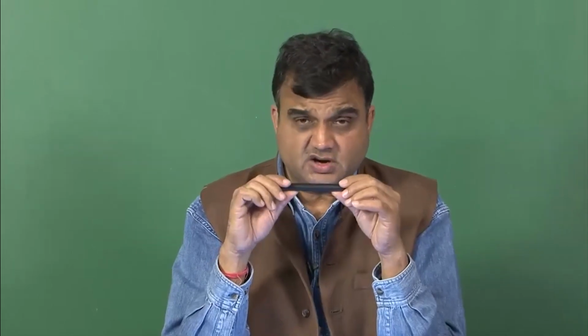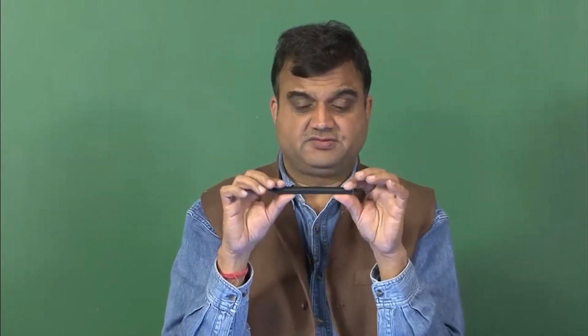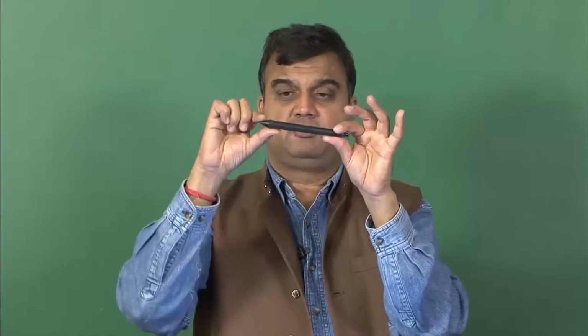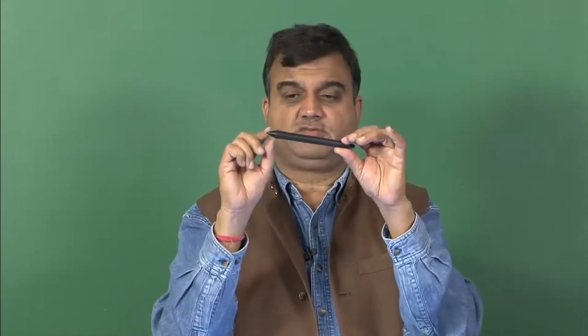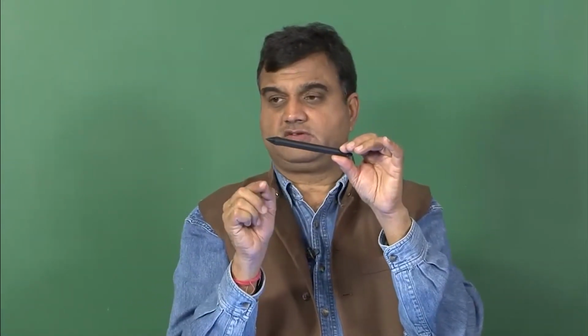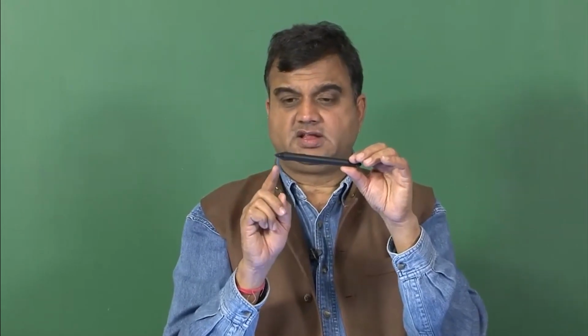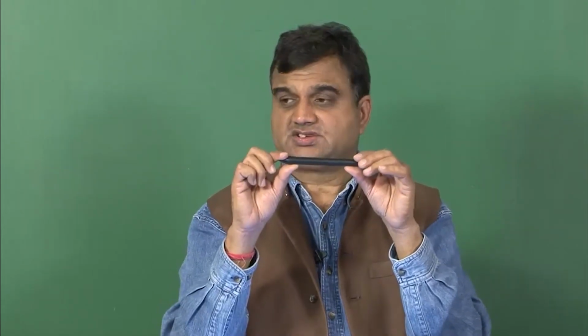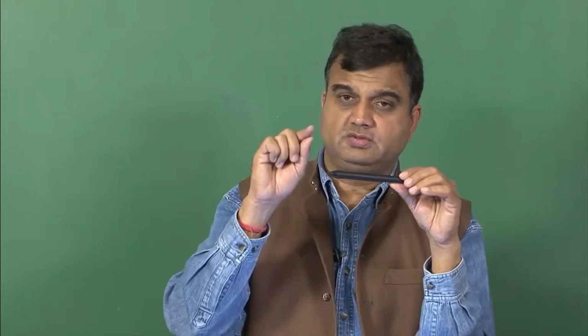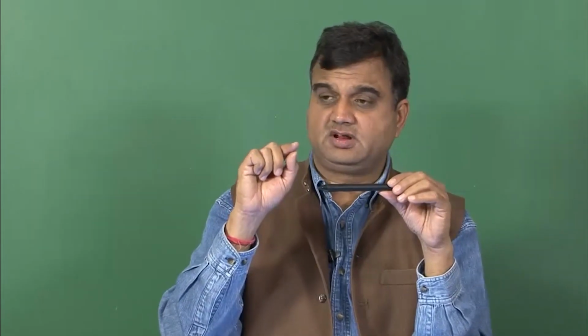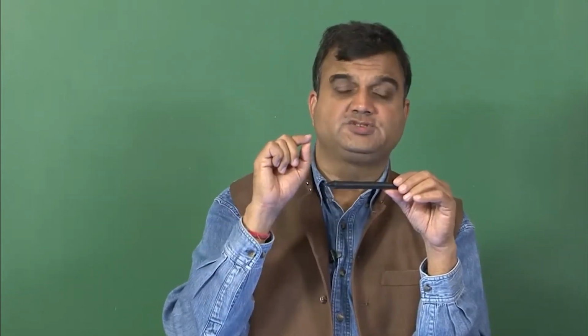That will be called the strength of this pen, but that is not the same as stiffness. Stiffness will be, suppose I apply 5 newtons here and 5 newtons here, and because of it there is a deflection of, let us say, 2 millimeters, then the stiffness of this structure is 5 divided by 2, that is 2.5 newtons per millimeter.